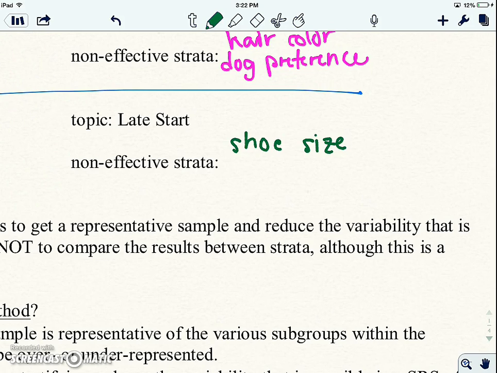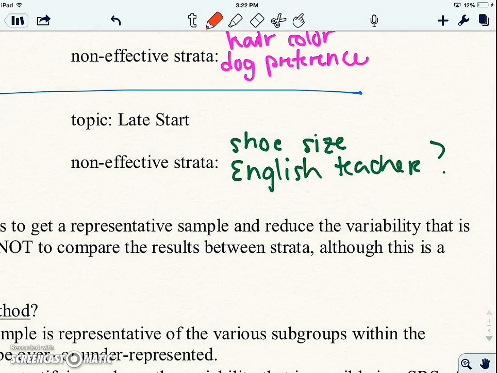Okay. What about English teacher? Some people say that may not affect it, but actually you have to be careful. It might, because oftentimes kids that are all on the honors track have the same English teacher and vice versa. So you really have to look at the nuances between the things.